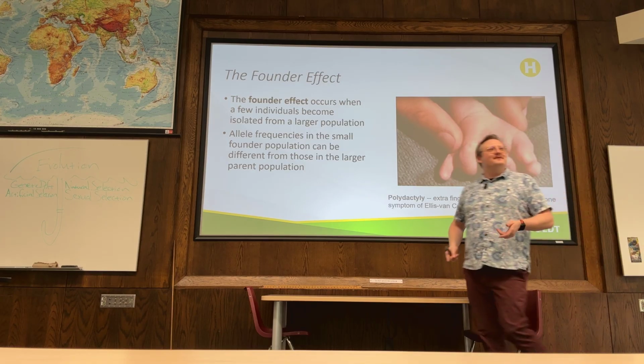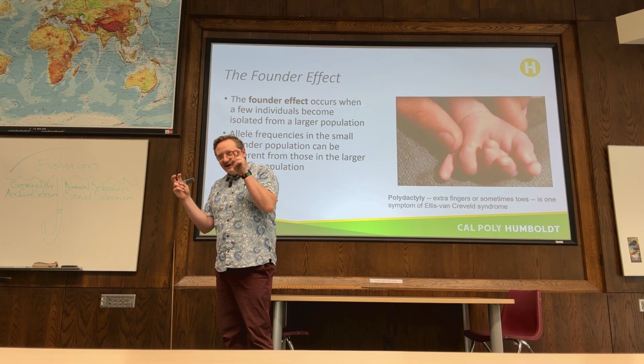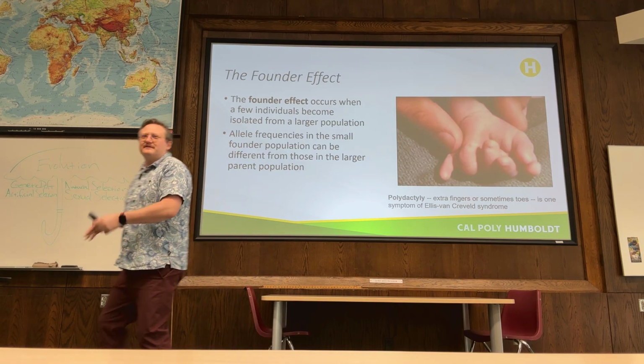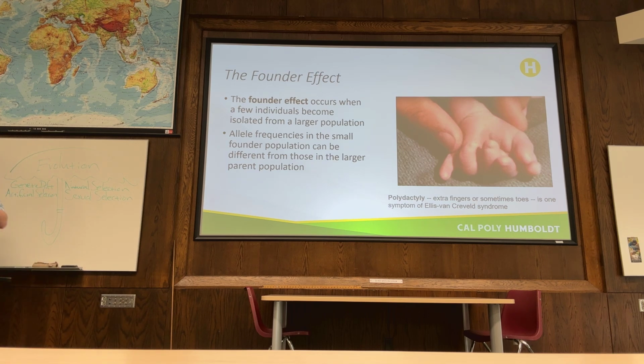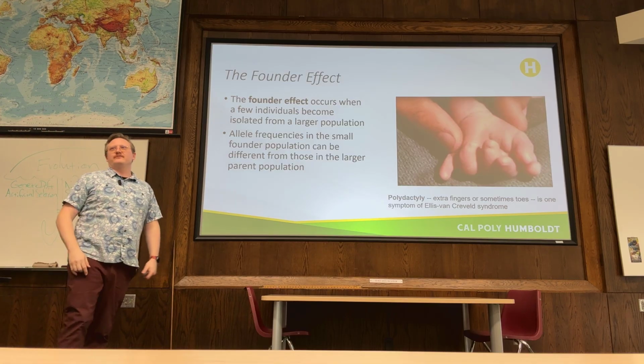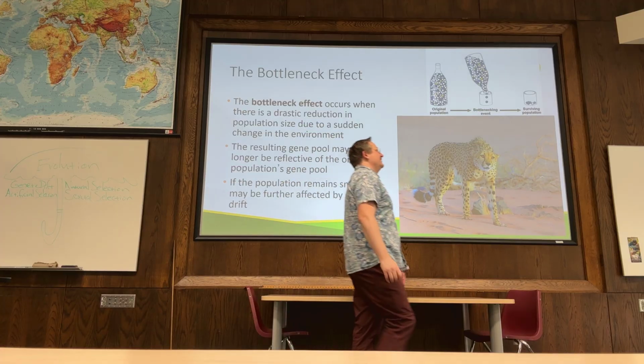So now that population has effectively evolved to have an extra finger. It's not really a detrimental phenotype or anything, so the phenotypic frequency hasn't shifted too drastically, but it's pretty interesting, okay? So you take a big parent population, you get a subset of it, it's like the toxic newt problem. That's founder effect stuff, all right? It's an example of genetic drift.